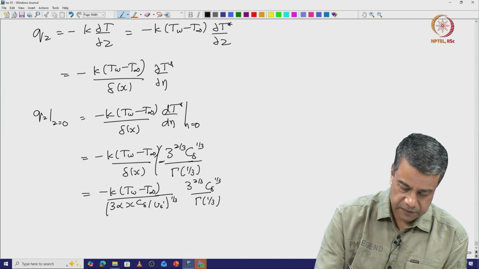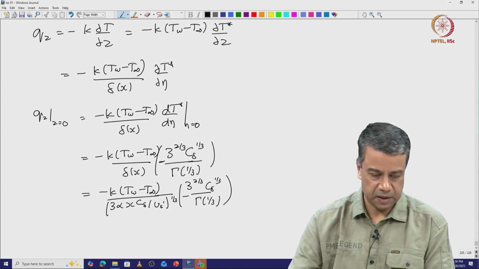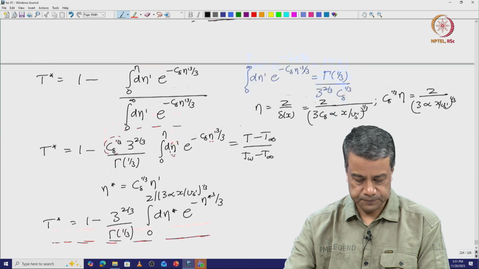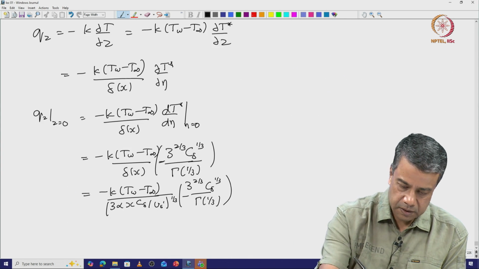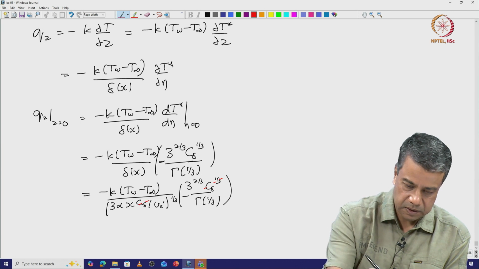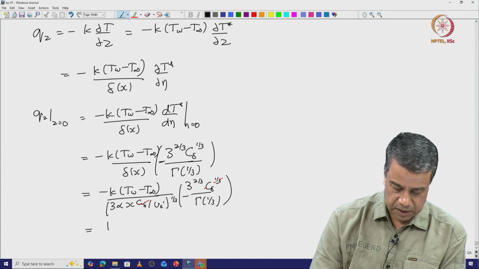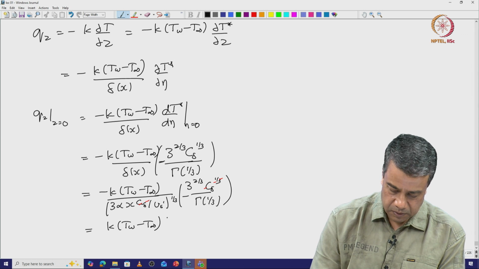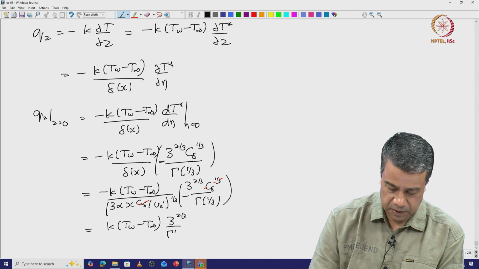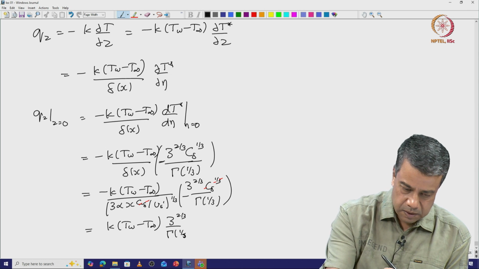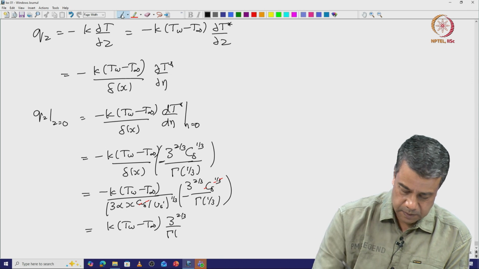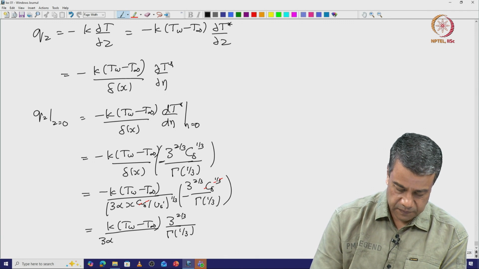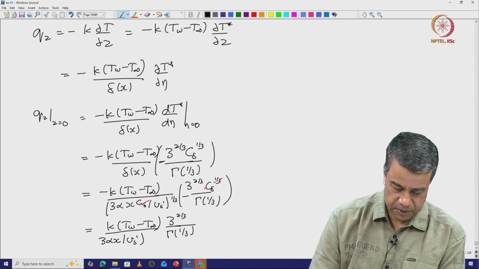And this should have a negative sign here because C1 had a negative sign in front of it. And once again you will see that the C delta power 1/3 will cancel out. And I will get it as k into Tw minus T infinity into 3 to the power 2/3 by gamma of 1/3, and here I have 3 alpha x by Vs prime to the power 1/3.